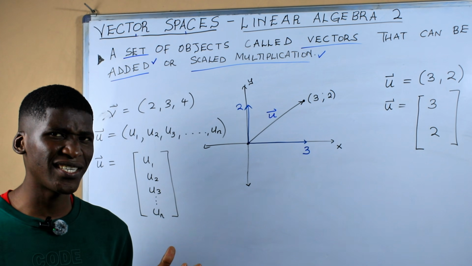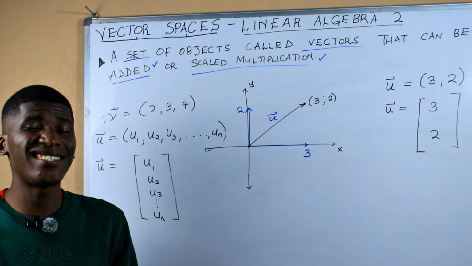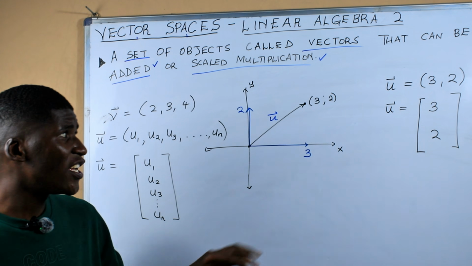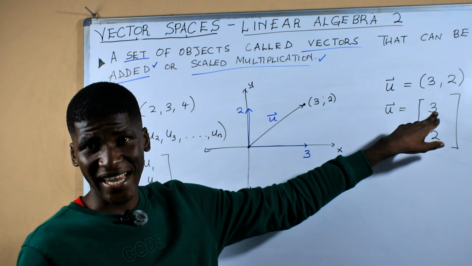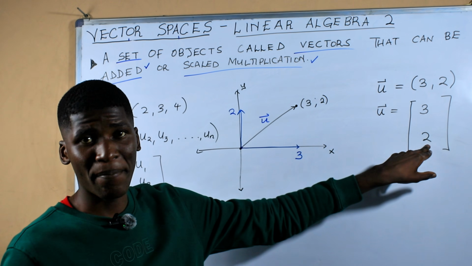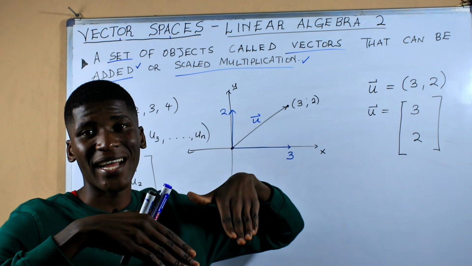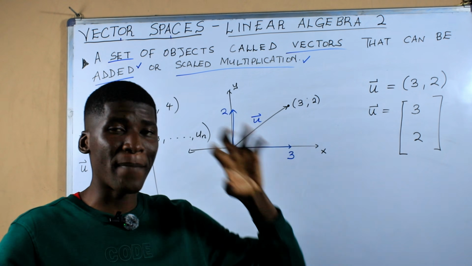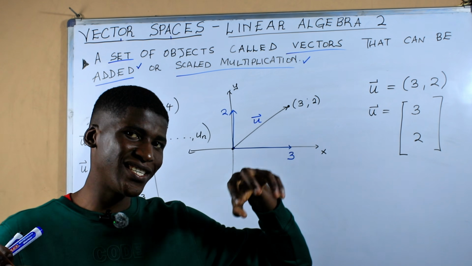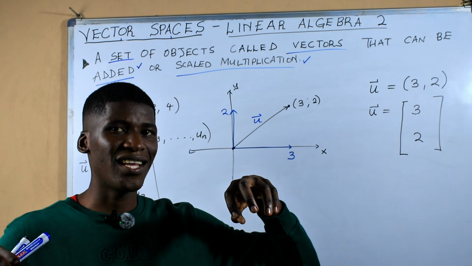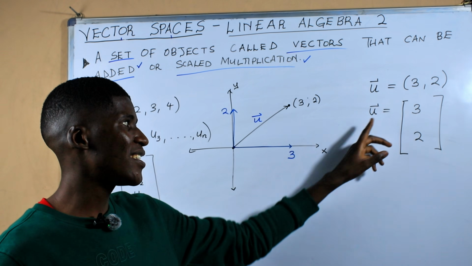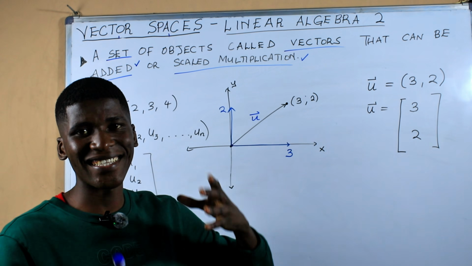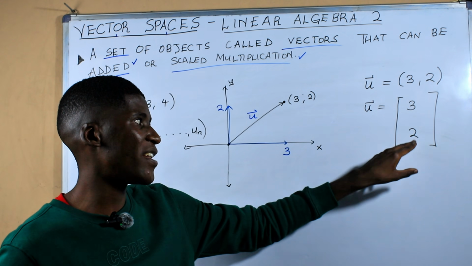When they are scalar quantities, it simply means that it's just a number. So this 3 here is a scalar. This 2 here is a scalar. But all together, they make up a what? A vector. Remember that a vector is made up of a magnitude and a direction. The magnitude part, that's a scalar. It's just a number.